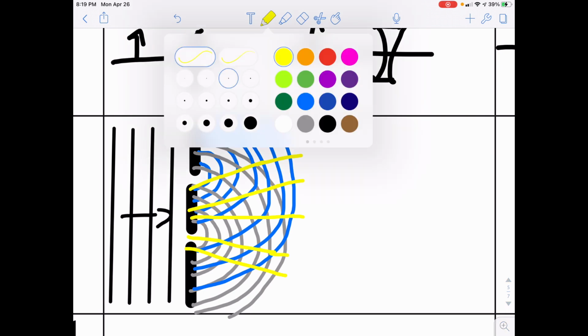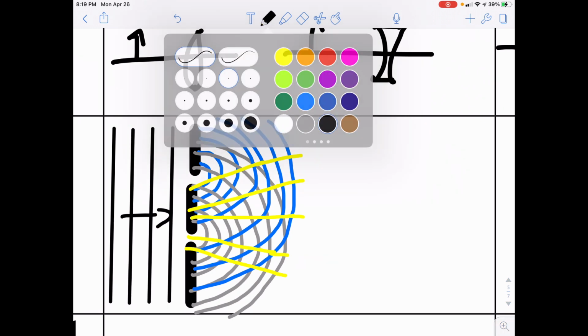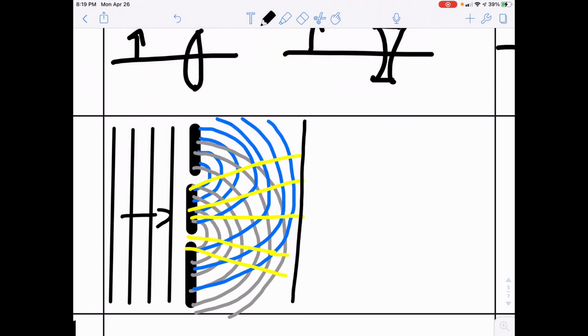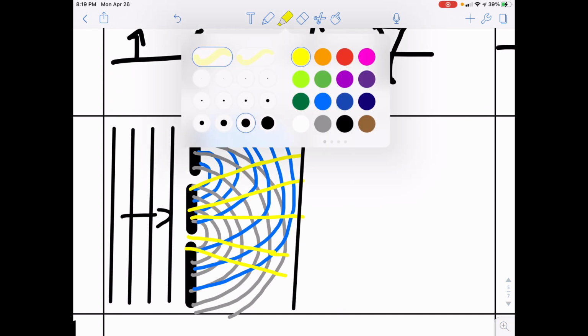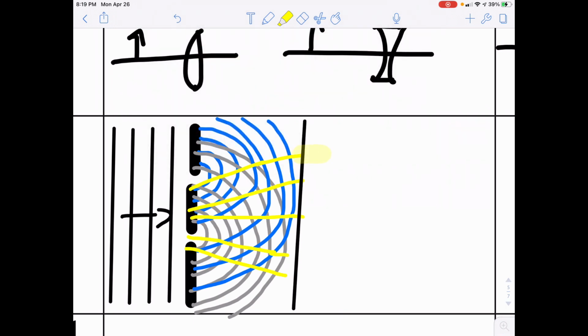So let's say we set up a screen or a wall over here. You're going to have a region of bright light, bright light, bright light, separated by dark, separated by no light in between.